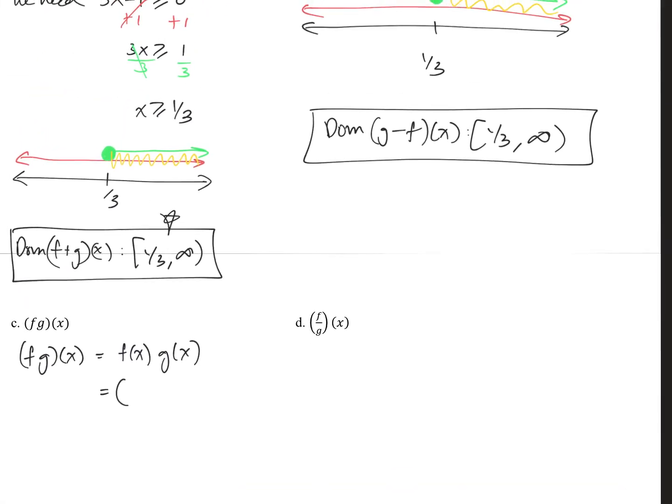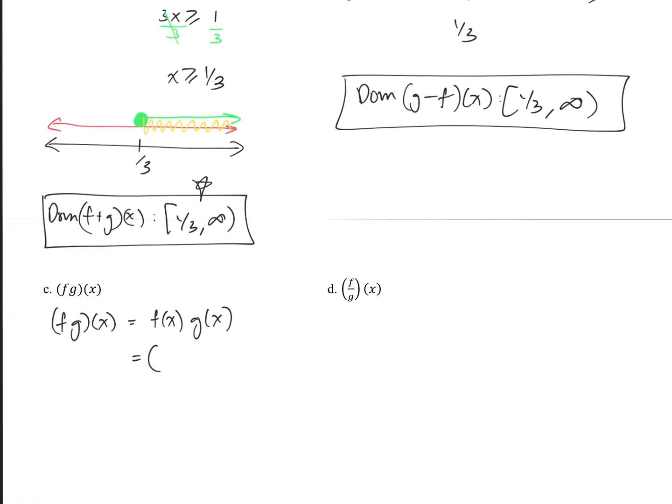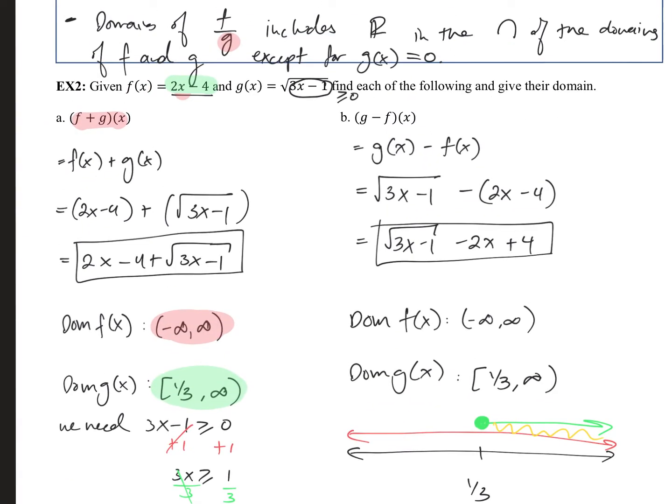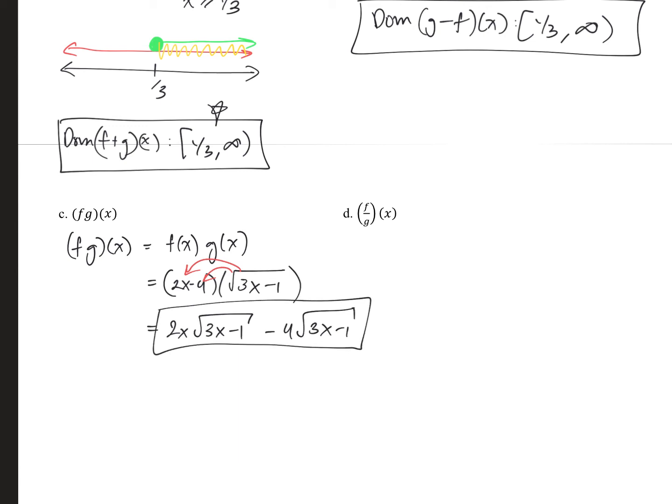F is 2x minus 4, and g of x is square root of 3x minus 1. Okay, so multiplying that out, it's a little weird, but we distribute that to that and that to that. It'll be 2x root 3x minus 1 minus 4 root 3x minus 1. Okay, so that's the multiplication of them.